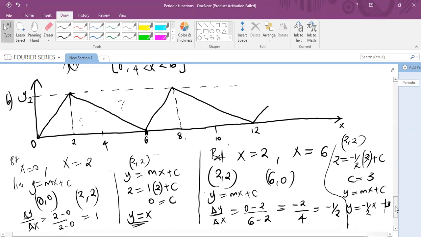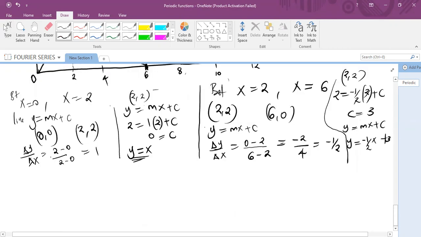Now let's come and write that down in the description. So analytically describing this, we have f of x is equal to, so between 0 and 2, we have the value of f of x being equal to an equation. So f of x is equal to x, because we said y is equal to x there.